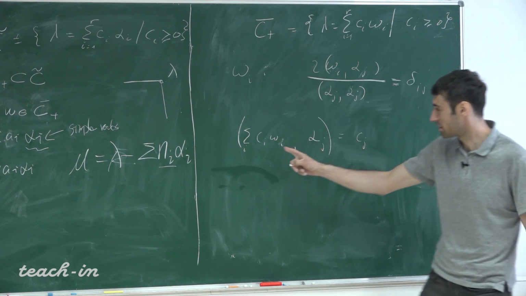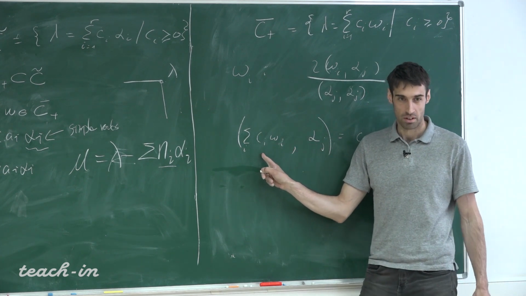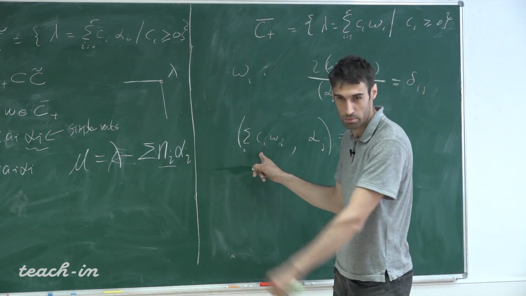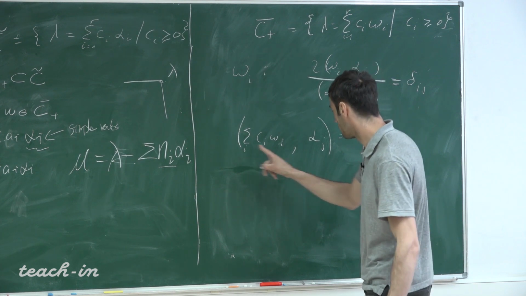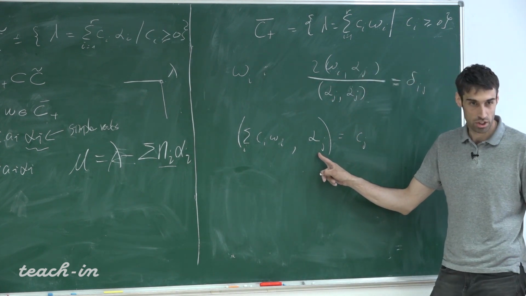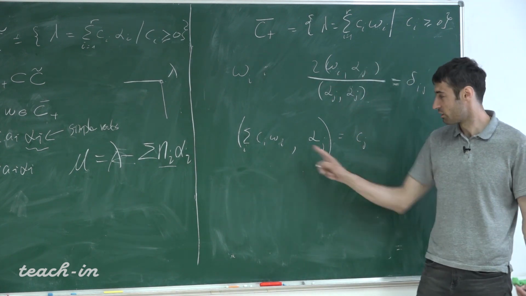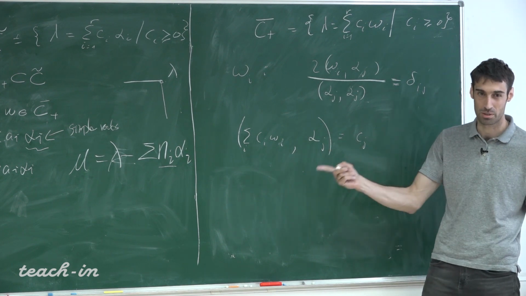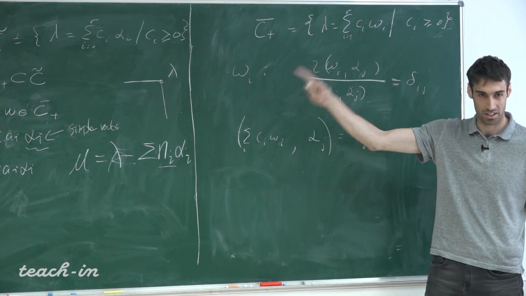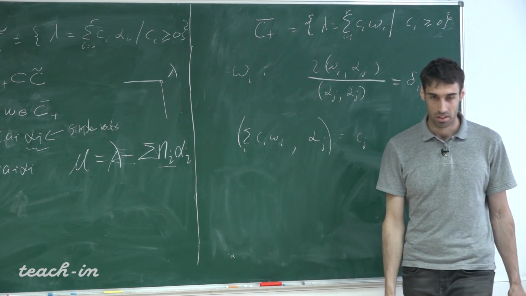If I take this sum from C plus bar, then its scalar product with alpha j is positive, but its scalar product with alpha j is exactly Cj. So therefore, this coefficient is positive. So this thing is exactly what's written over there.